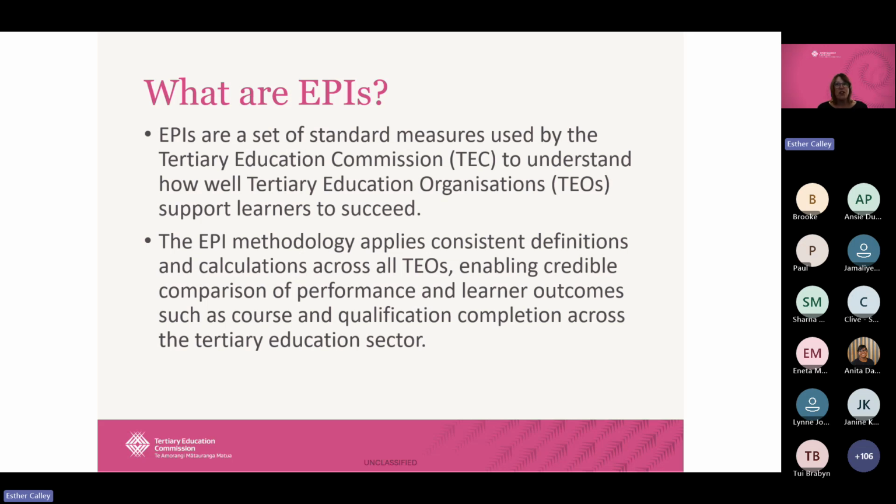We apply the same methodology, or formulas, to the data that you submit if you offer provider-based delivery. Because of that consistency in our formulas, we use that EPI information for comparison purposes across TEOs, and we can compare individual TEOs' results against our published performance expectations as well.